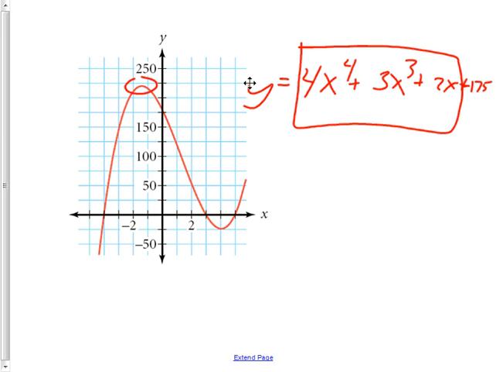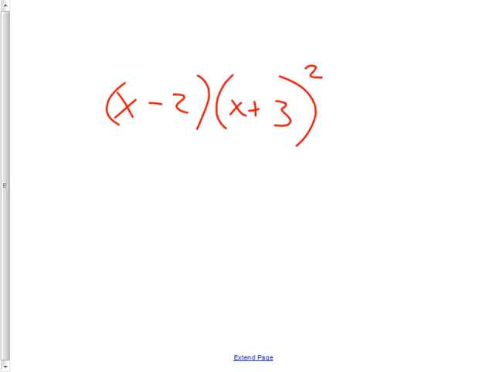Now, I want to have you put one in your calculator right now that I know will create a minimum and a maximum. Please type that one in right there. Okay, so on your calculator, y minus 2 and x plus 3, only the x plus 3 is being squared here.